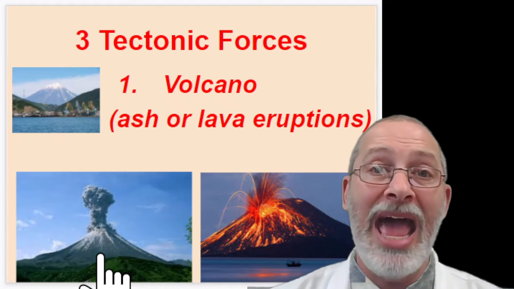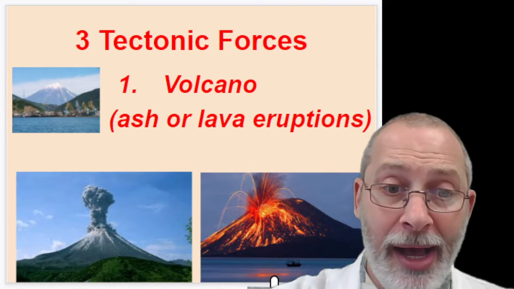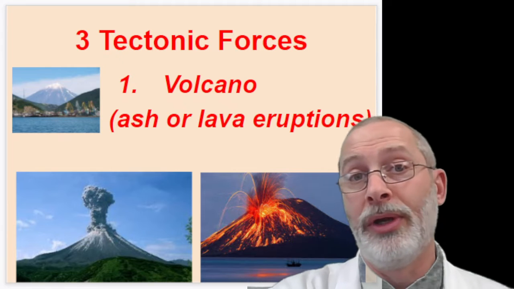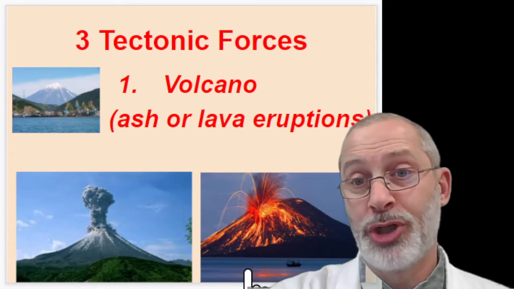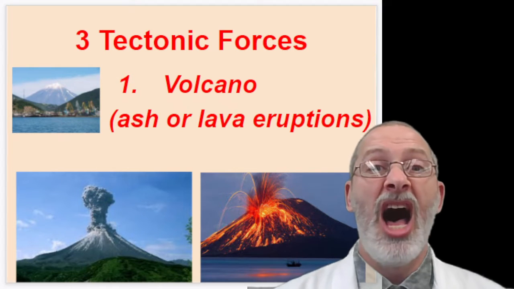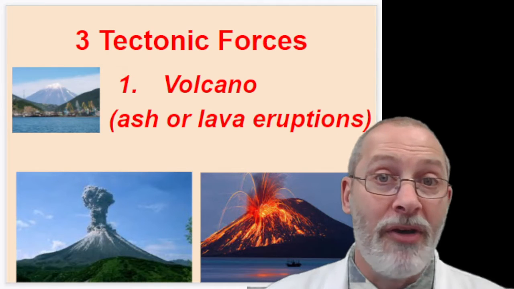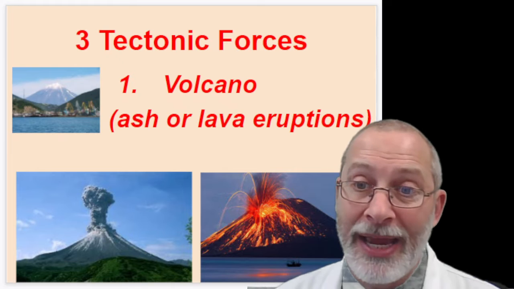In fact, some of the ash went thousands of miles in the atmosphere. Other volcanoes, like the one on the Hawaiian Islands or in Iceland, have lava eruptions. And this lava we learned about in the first unit, hot molten rock, melted rock material flowing in rivers down to the sea to create new land.